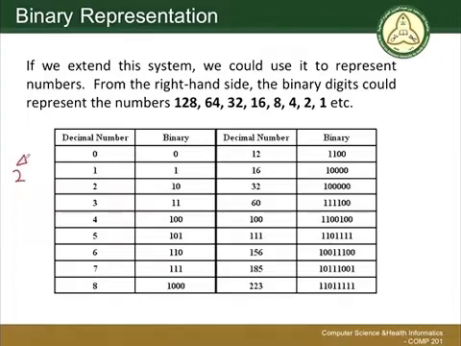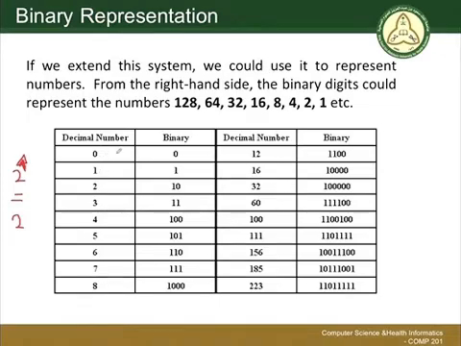So here I'm going to add the number of bits. If I have the number of bits to be 1, the number of possible values is going to be 2. So here I have the decimal numbers 0 and 1.